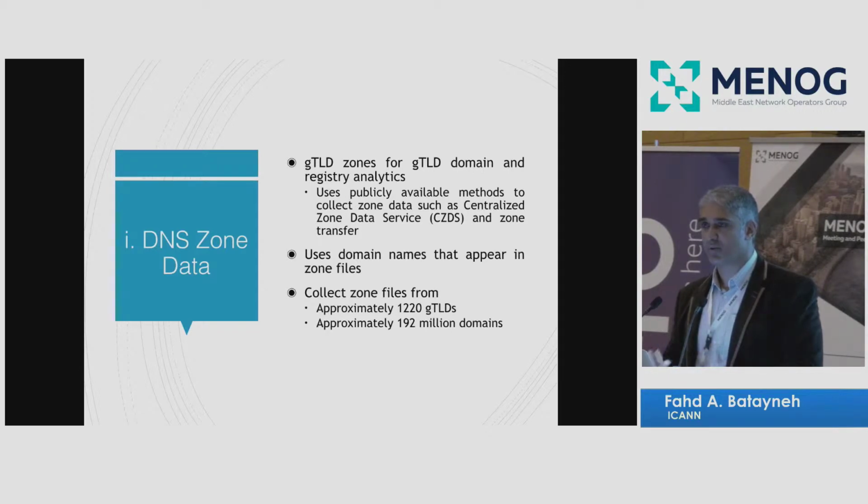This is one place where you can extract zone files of these different TLDs. As of yesterday, when I finalized these slides, there were 1,220 generic TLDs as part of DAAR. In total, they have 192 million domain names.